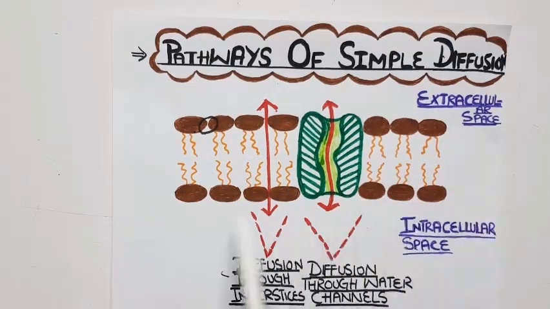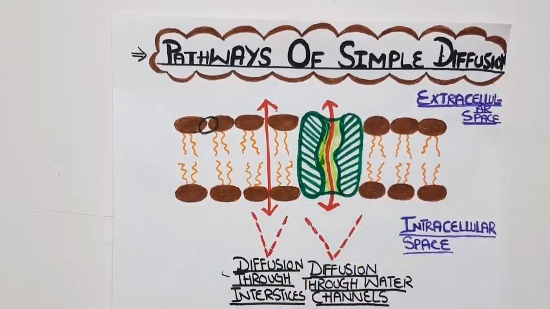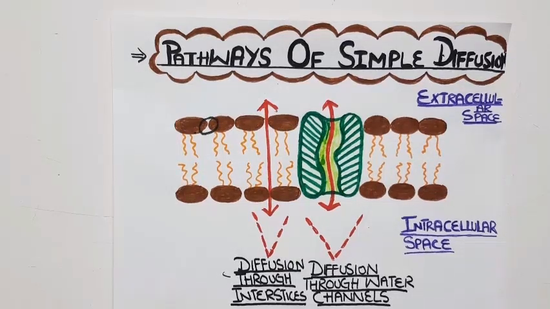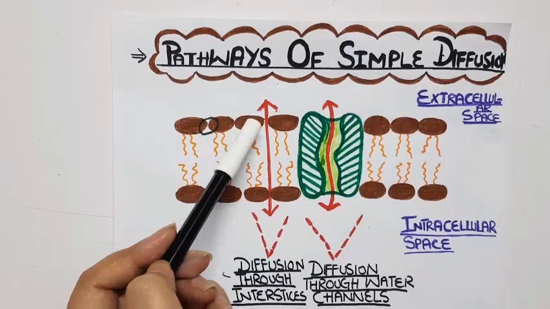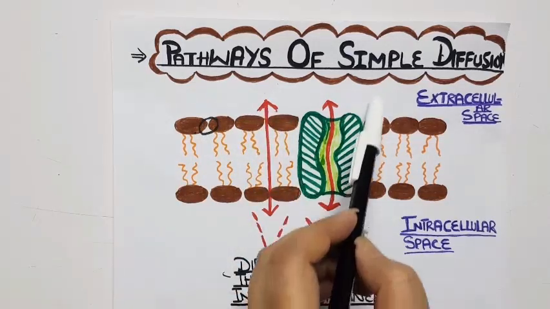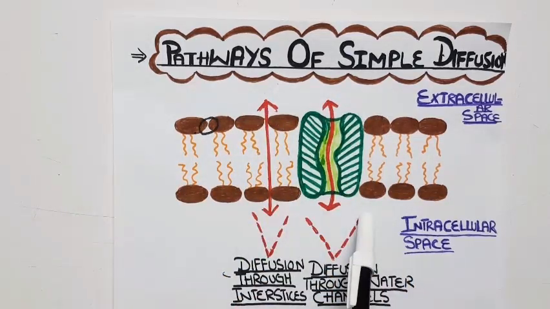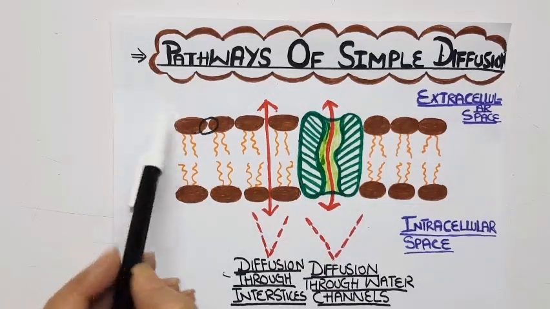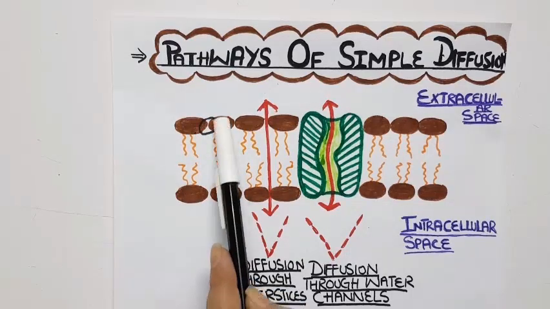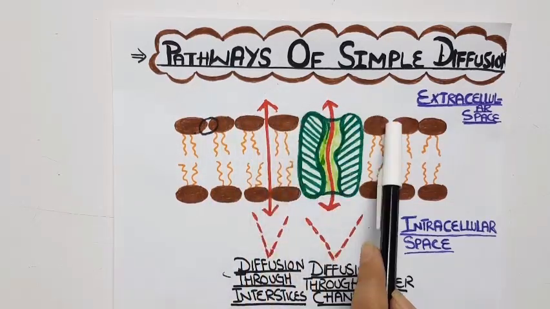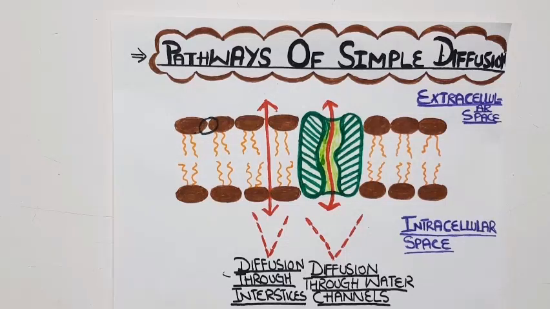This is a diagram of the lipid bilayer, which was discussed in the previous video of cell membrane. We all know that in this lipid bilayer we have phospholipid molecules and the intrinsic proteins. These phospholipid molecules have small intermolecular spaces between them, and these spaces are called interstices.